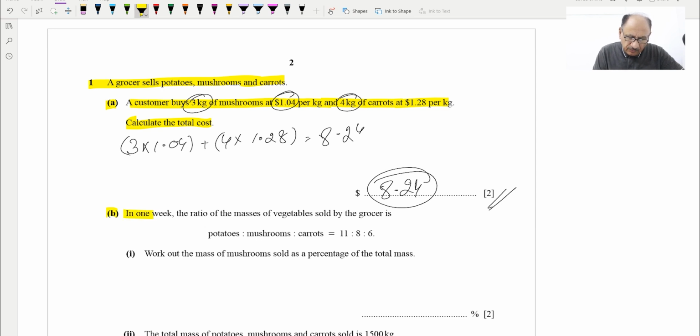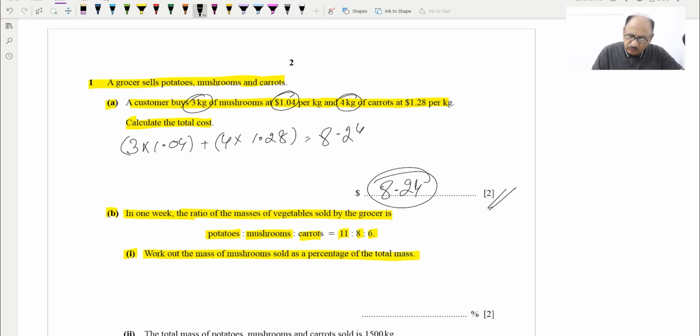Part B says in 1 week the ratio of masses of vegetables sold by the grocer, potatoes to mushrooms to carrots, is 11, 8 and 6. Work out the mass of the mushrooms sold as a percentage of the total mass.